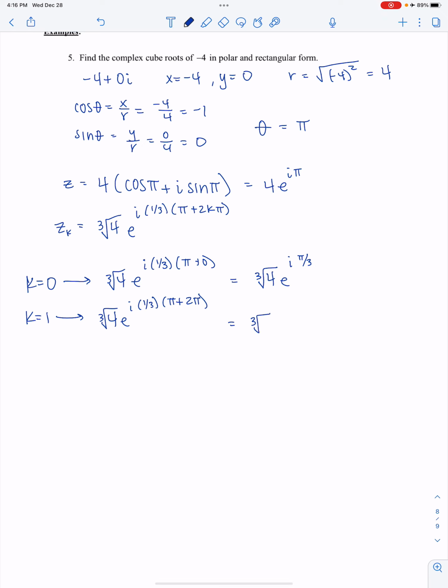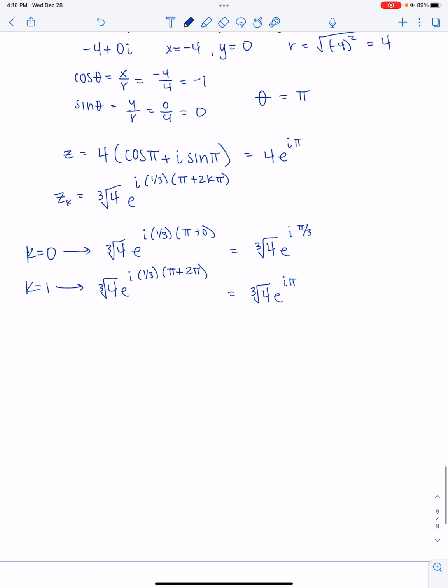So we have the cube root of 4, e to the 1/3 of 3 pi, which would just give us i pi. And then when k equals 2, we'll have the cube root of 4, e to the i, 1/3, pi plus 4 pi.